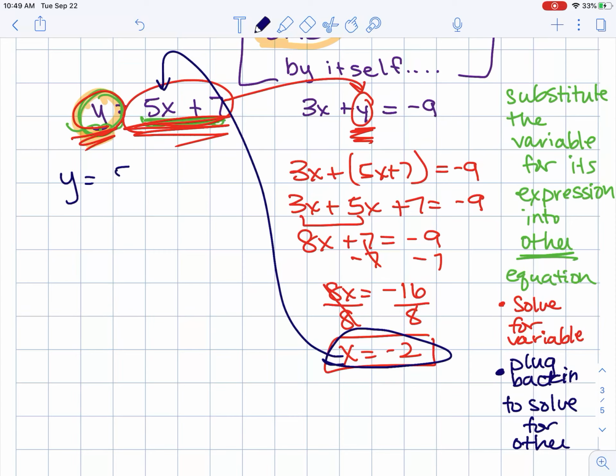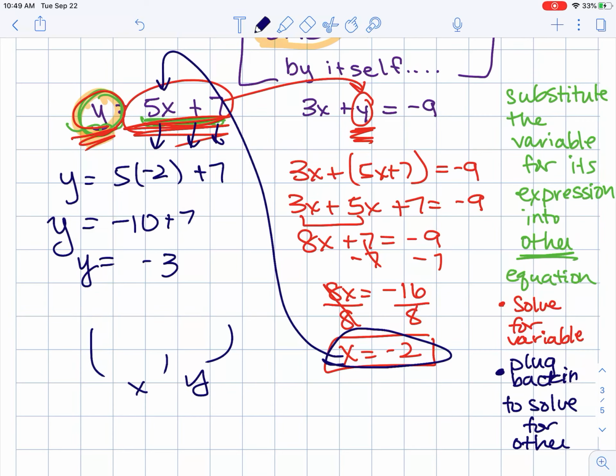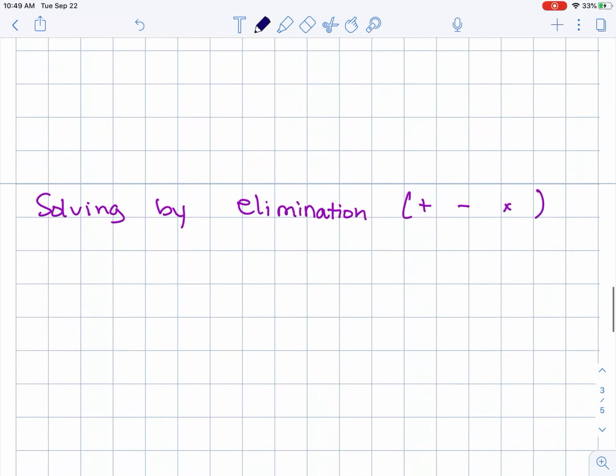So we know y equals 5 times x, which is really -2, plus 7. And we got that from right here. So we get y equals -10 plus 7, which is -3. So if that's our y, our solution is x comma y, which is -2 comma -3. And make sure that your solution is in an ordered pair.